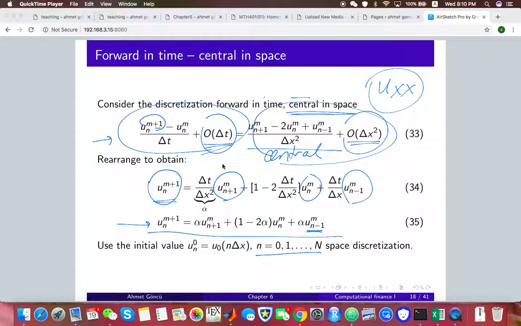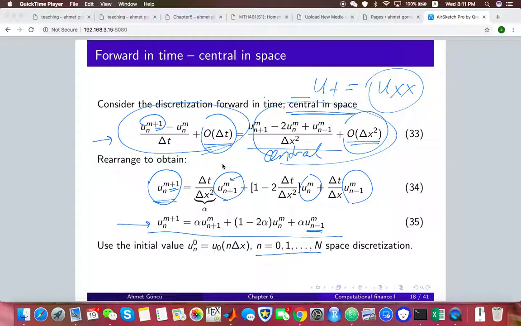So once we write this, once we approximate our heat equation partial derivatives, then the rest is just rearranging these. So we rearrange and put all the things that we don't know. The things that we don't know are in terms of the time step n plus 1, because we are going forward in time. So we start with some initial condition and we can go forward in time.